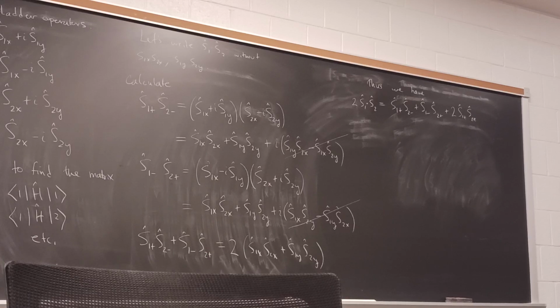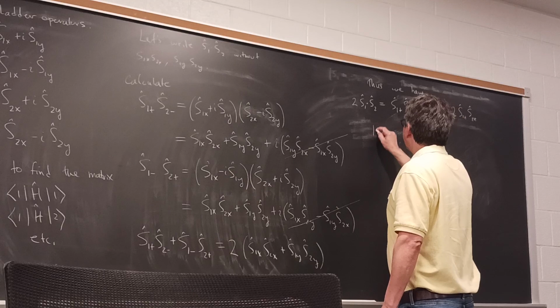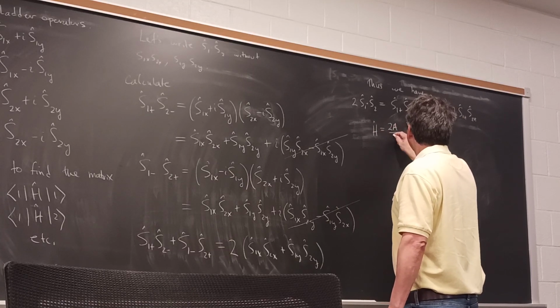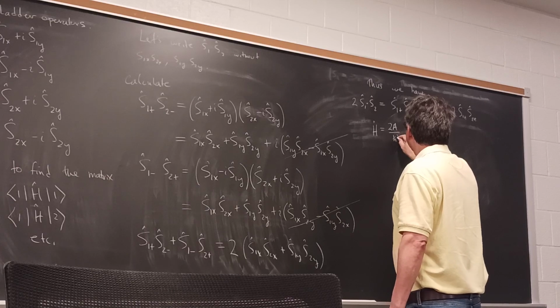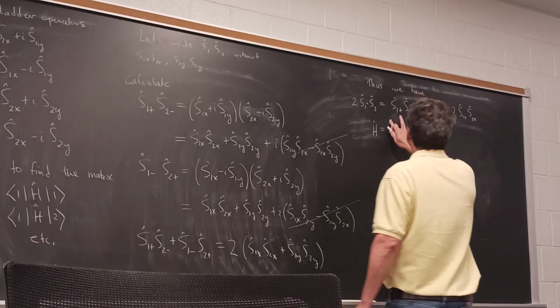Okay, so now what? Well, H was twice A over h bar squared, right? Times S1 dot S2, so let's put the 2.